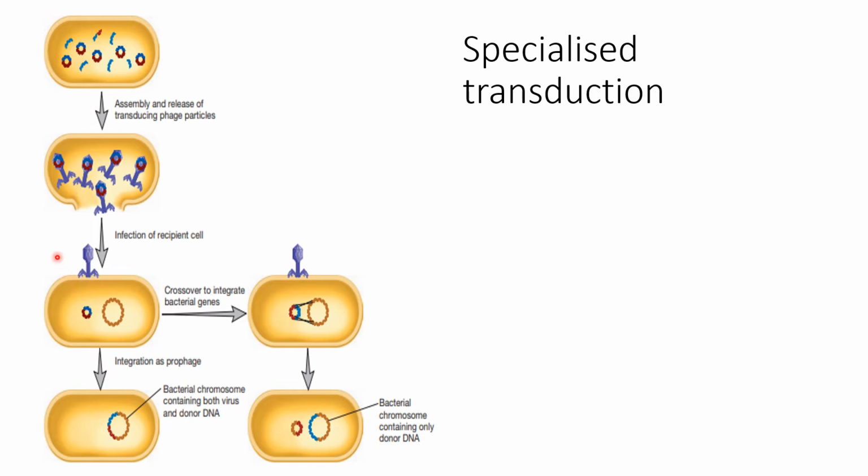Reason is, as I said, only those particular DNA fragments that are present next to the prophage. Prophage is the viral DNA which is in integrated form with the bacterial chromosome, isn't it? So only those bacterial DNA which is present next to the prophage DNA will be transferred here, not any other fragments of DNA, and that is why it is called a specialized transduction.